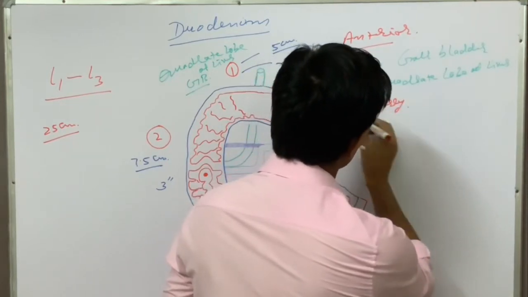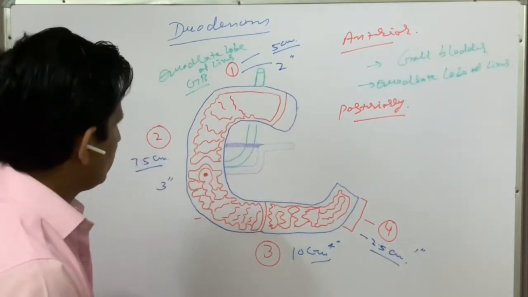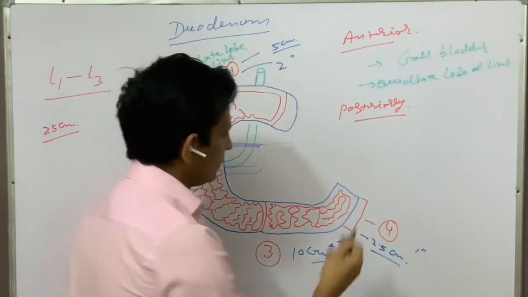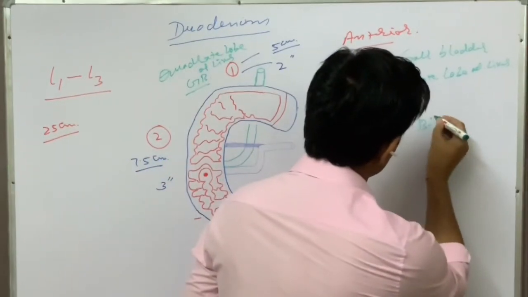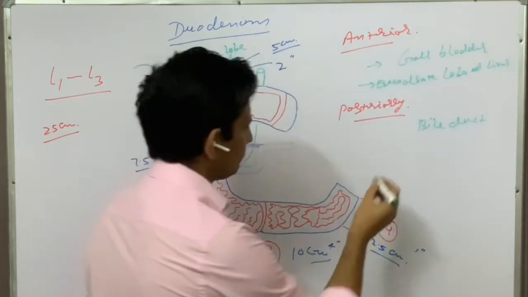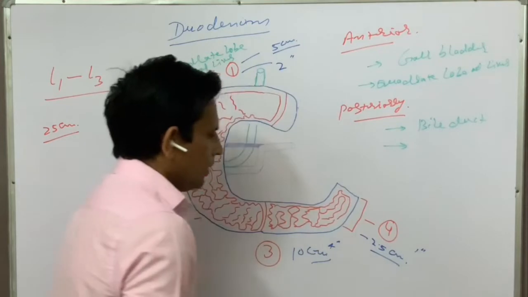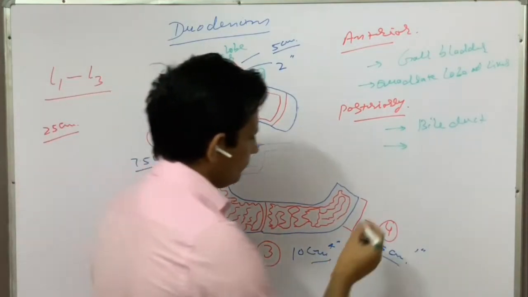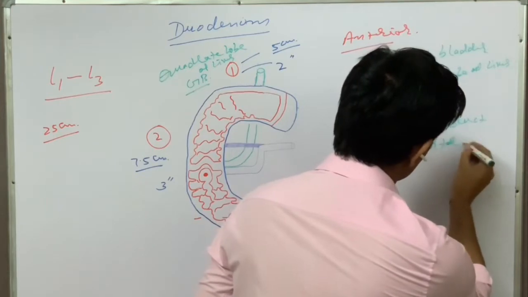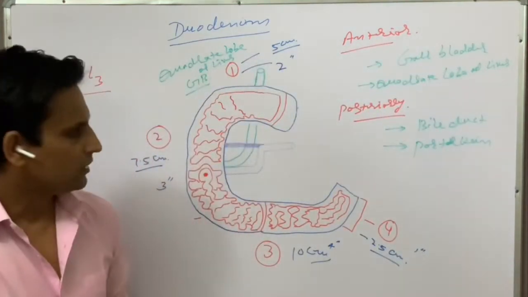Posteriorly, there is one structure which we can see from here also, that is the bile duct. So one is the bile duct, and the second one is the portal vein. So posteriorly, number one, the bile duct.